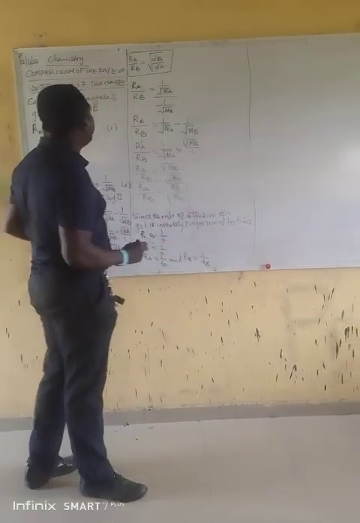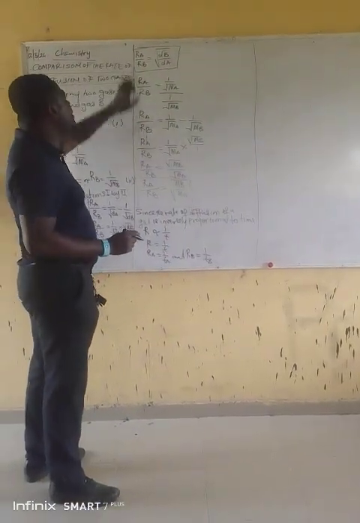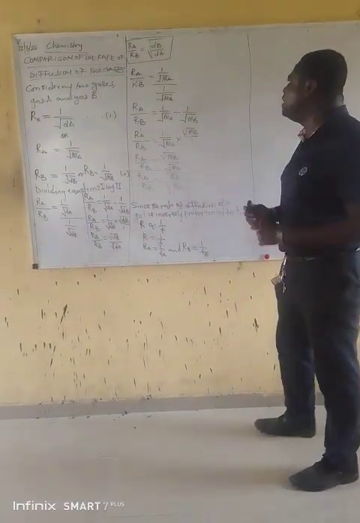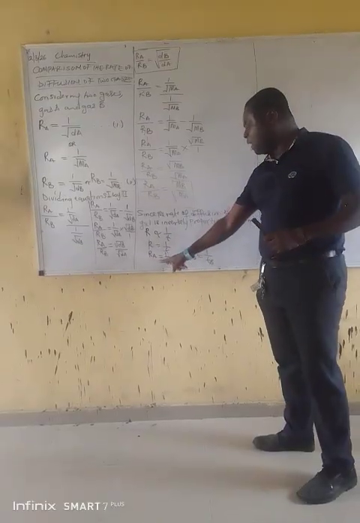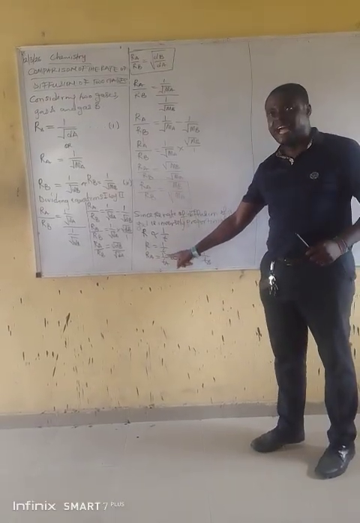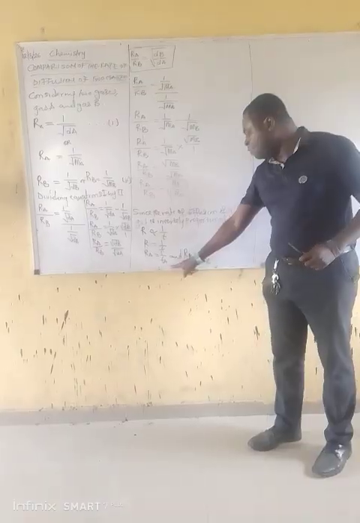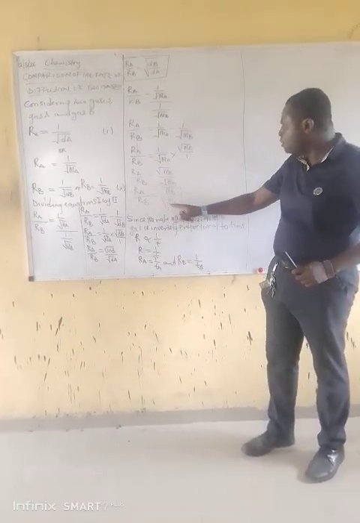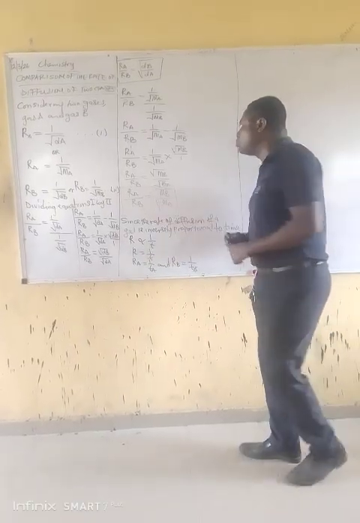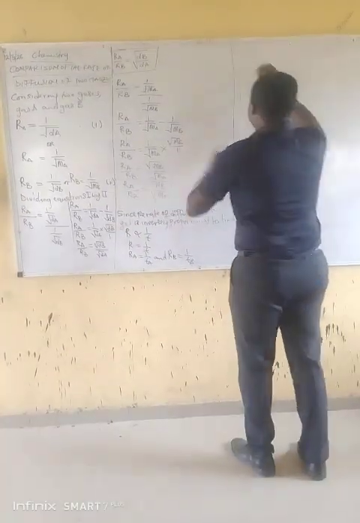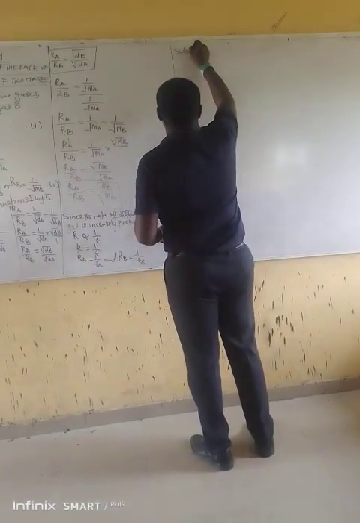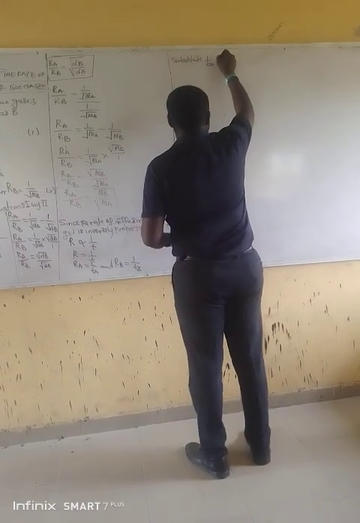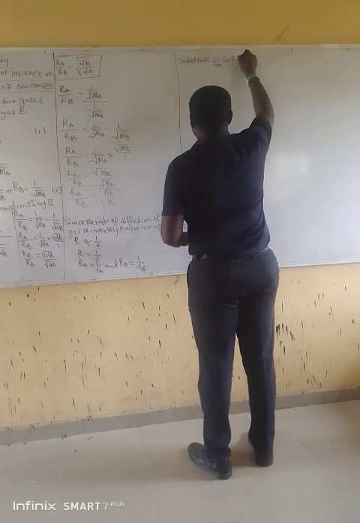Now, look at this. Am I still on the way? Yes. Now let's go back to these two equations we derived. Anywhere we see RA, what are we going to put? 1 over time for A. Anywhere we see RB here, what do we put? 1 over TB. So let's go back now. Substitute 1 over TA for RA.